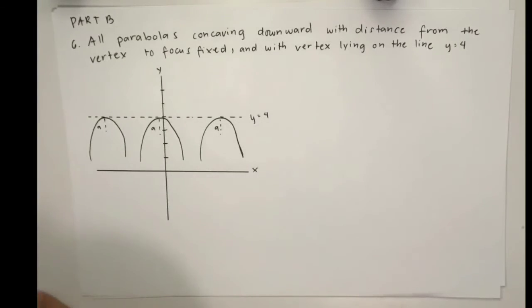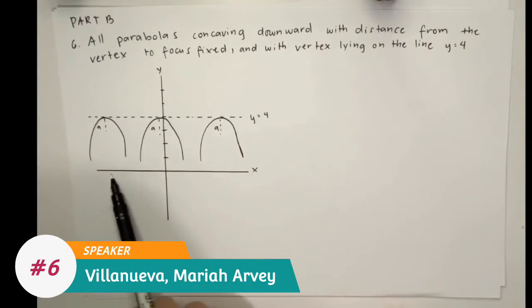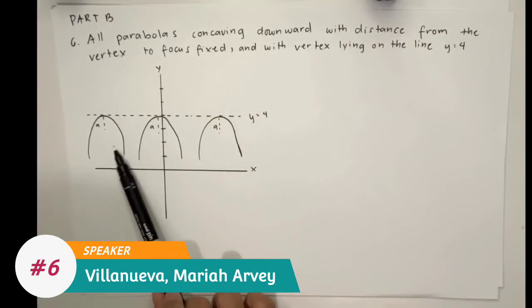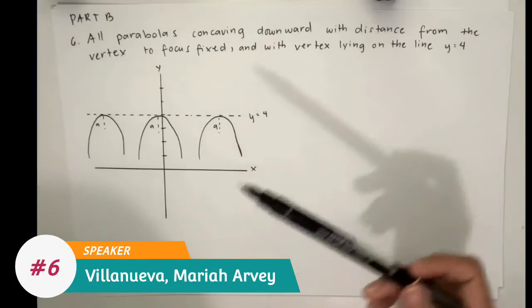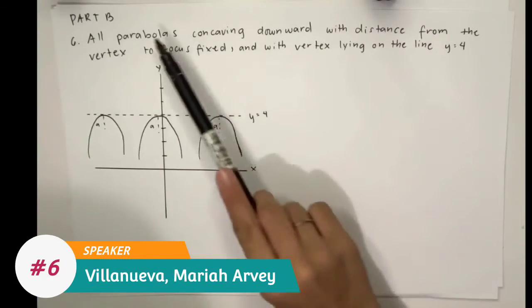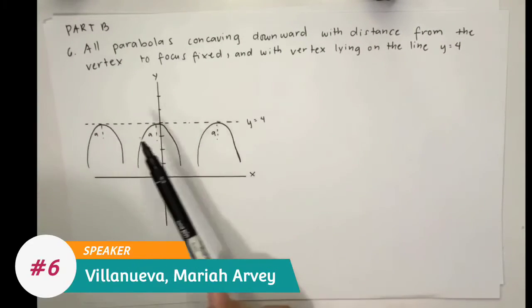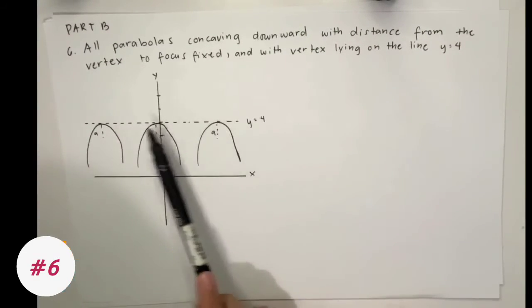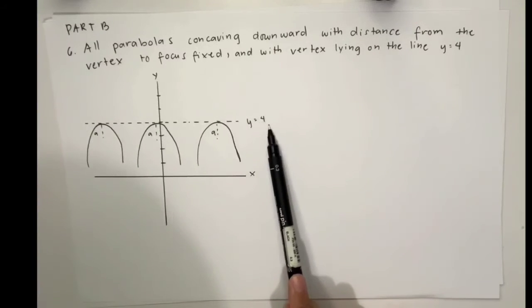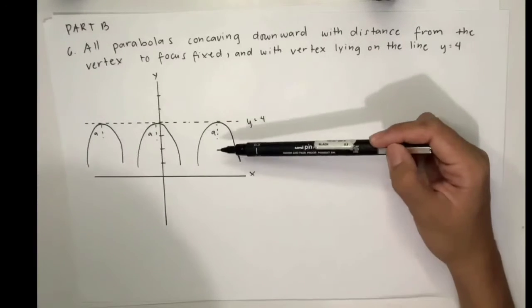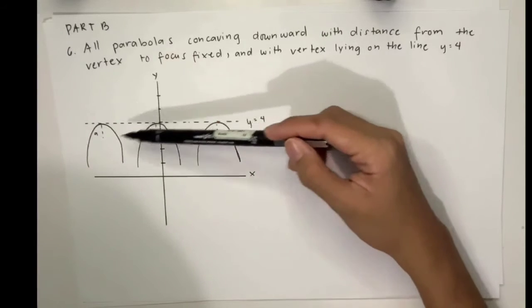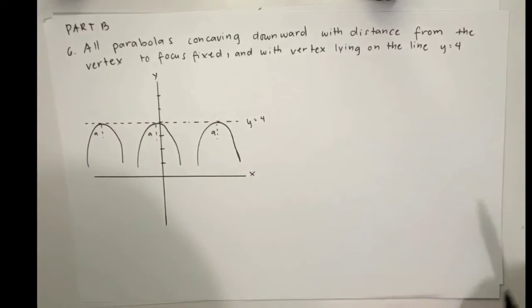And here's our illustration. This is the x-axis, this is the y-axis. All of our parabolas concave downward as stated in the statement. And all of their vertices lie on the line y equals 4. The distance between the focus and the vertex of all of our parabolas is fixed.